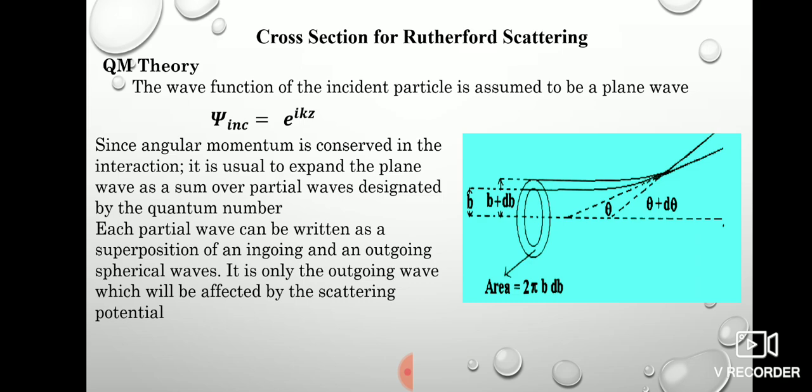One is ingoing, that is converging to that point, and the other is emerging from that point. So superposition of these two gives out a plane wave.